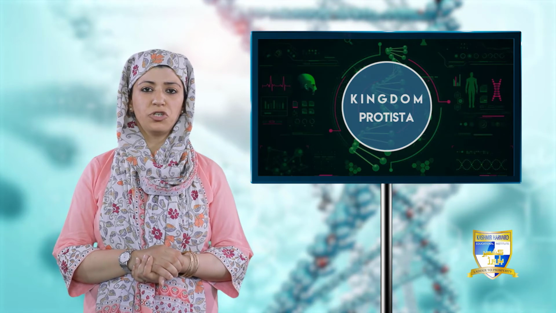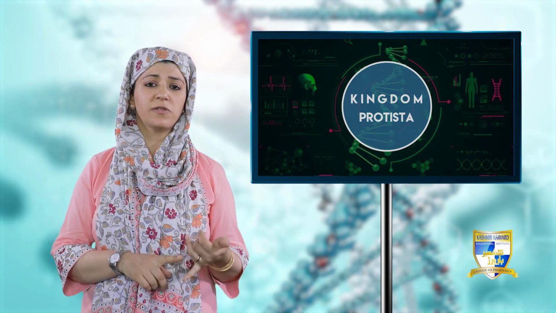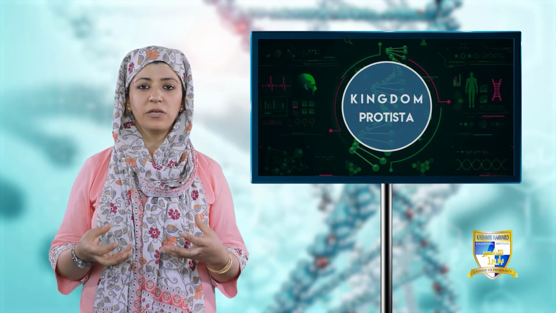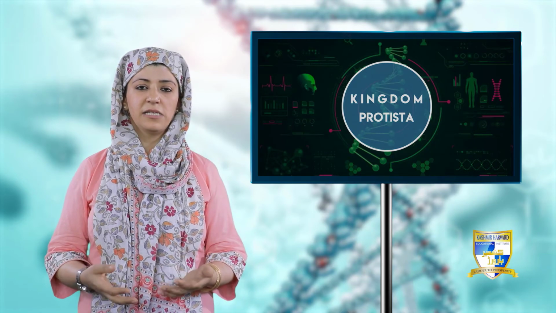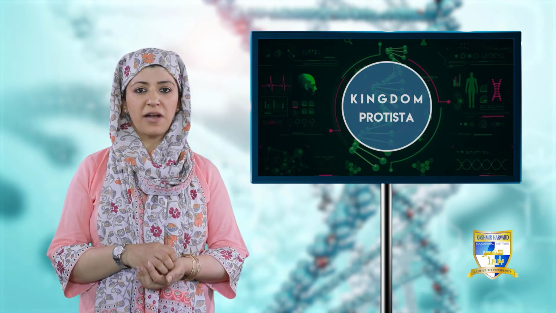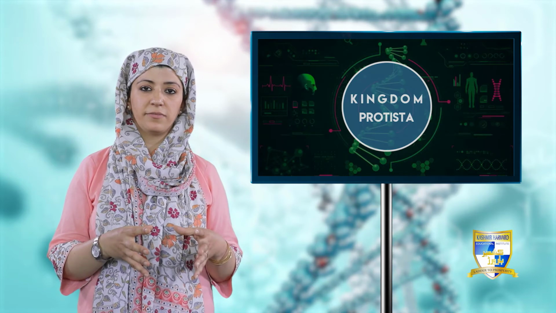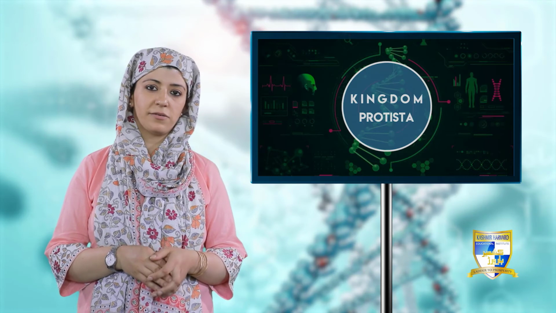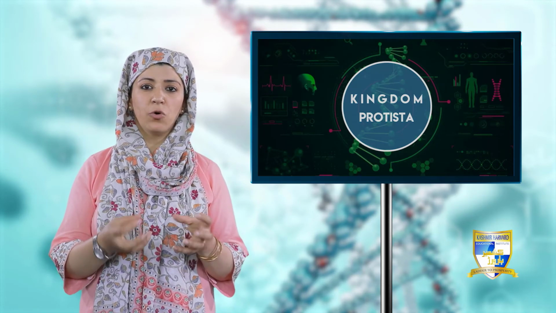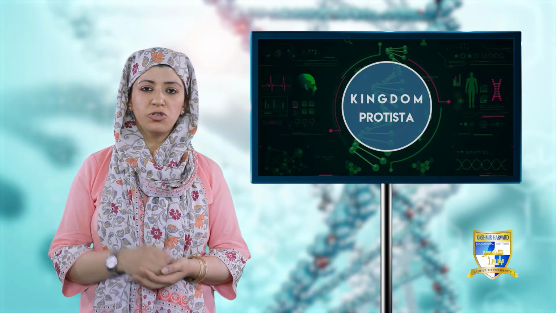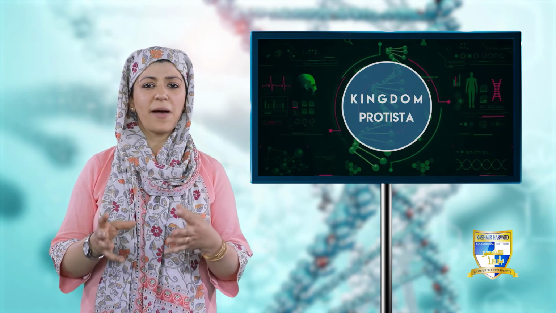Now let's discuss another type of nutrition. The first one was holozoic, the second one was saprophytic. Now the third one is the parasitic mode of nutrition. We know what parasites are. Parasites are those organisms which live on another organism in order to derive nutrition from it. The organism on which it lives is known as the host organism. So it selects some host, enters into the host cell, survives there and takes its nutrition from it, and usually these parasites are pathogenic, disease causing organisms.